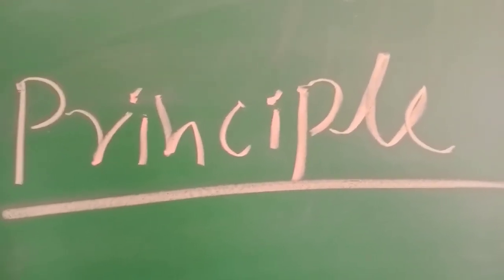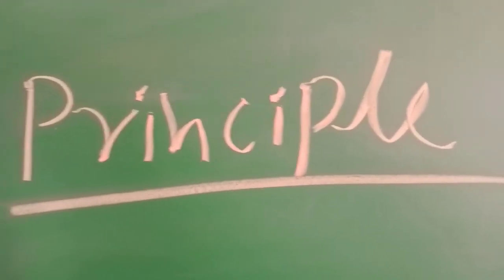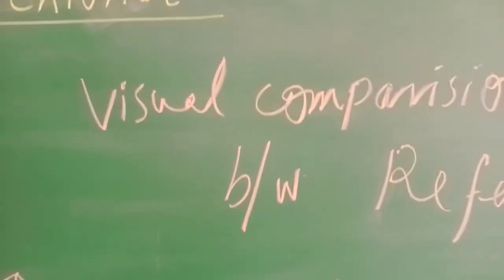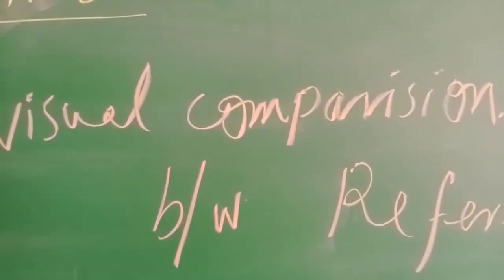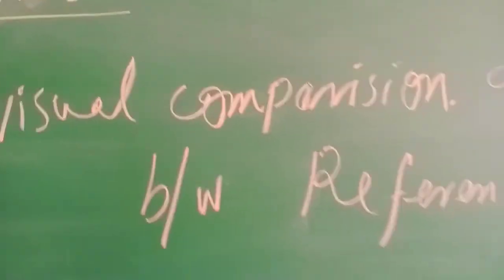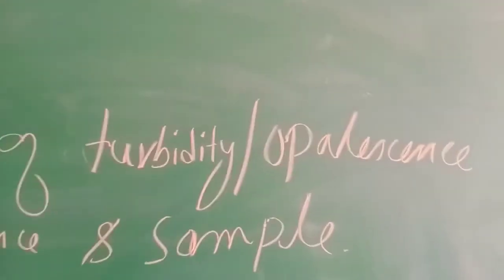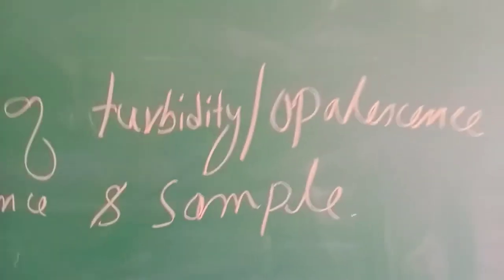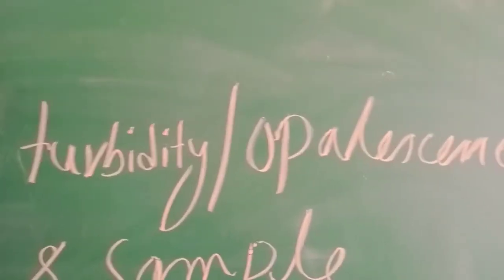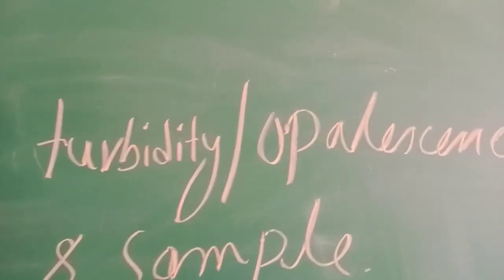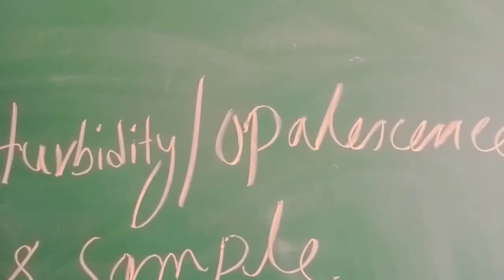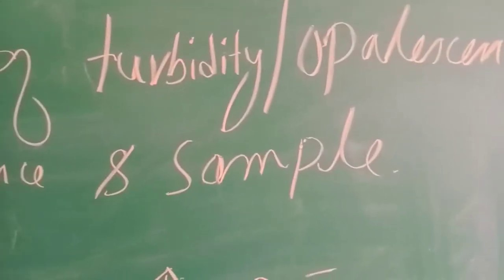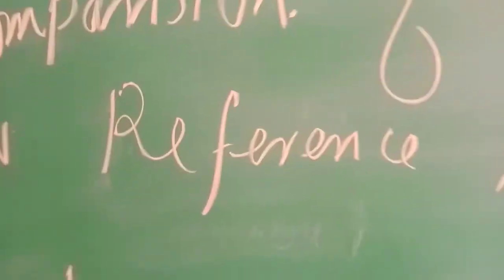So in order to check whether it is present well within a limit, what we do, we make a visual comparison of turbidity or opalescence which is produced by the chloride, and this turbidity or opalescence which is produced by the chloride in the sample is then compared with the reference.